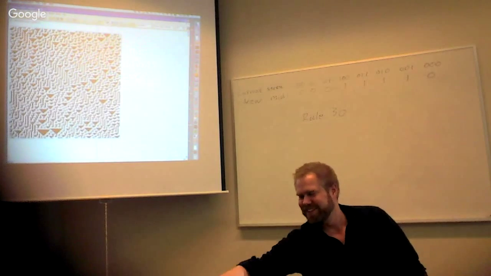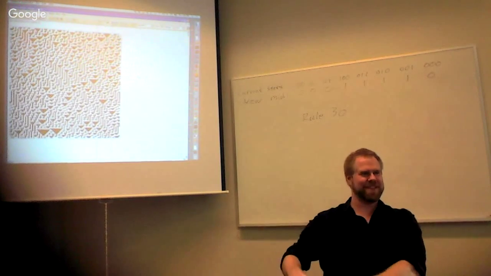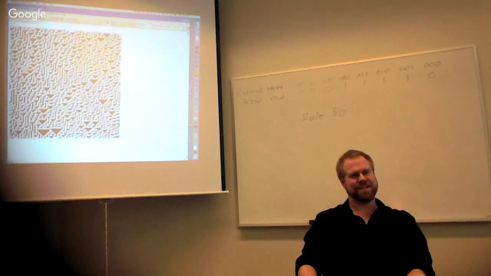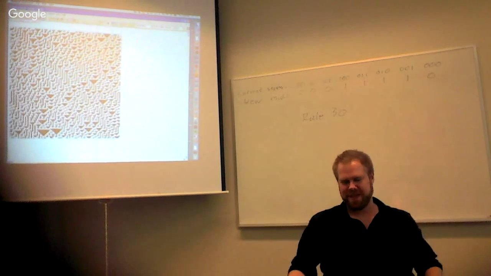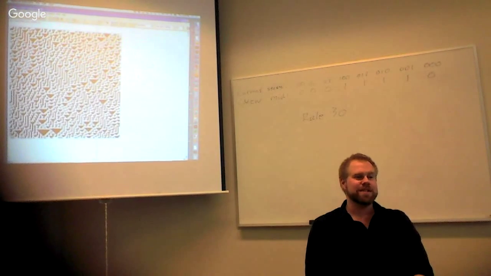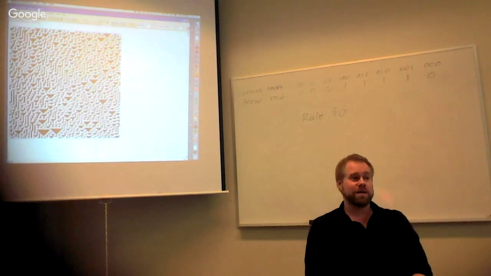It's a single system, therefore it's an automaton. A cellular automaton is a collection of colored cells. So that picture is a picture of the cellular automaton.